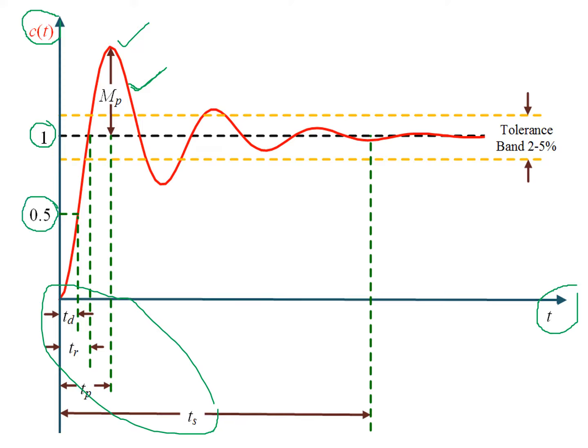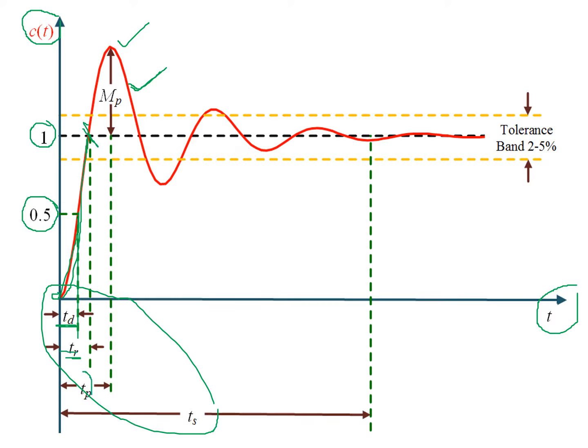Here Td is the delay time, the time required by the response to reach from 0% to 50%. This duration is the delay time. Similarly, this is the rise time, the time required by the response to reach from 0 to 100%.